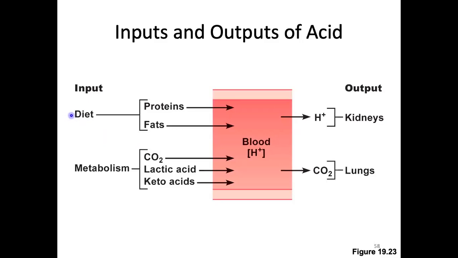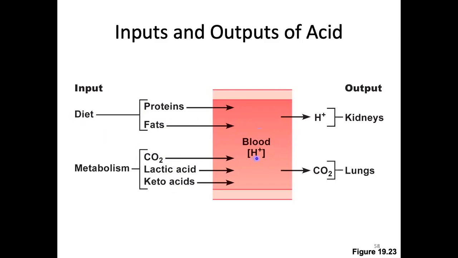So inputs of acid: your diet, your proteins and fats through metabolism. Breaking down proteins gives you protons, right? From metabolism, CO2, lactic acid, and your keto acids are going to increase blood H plus, or blood protons, as well.